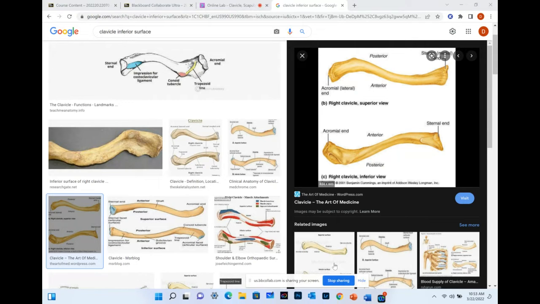Now below you have the inferior surface. Look at it. It has a lot of bone markings on it. It's not smooth. The inferior surface is uneven. The superior surface, the top one, is smooth.